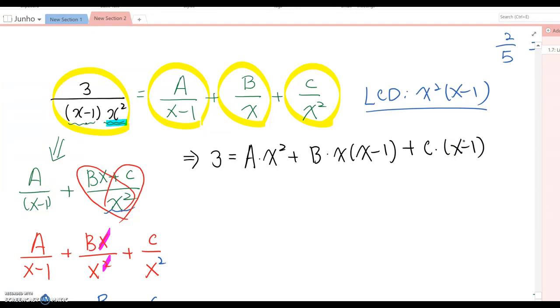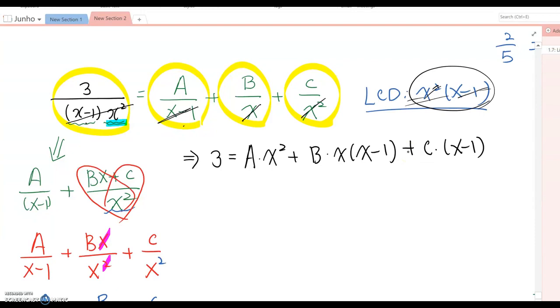The reason is when you multiply these, they all cancel out. In this case only x minus 1 cancels out, in this case one of the x cancels out, and in this one x squared cancels out. So after multiplying, it comes out 3 equals ax squared plus bx times (x minus 1) plus c times (x minus 1).